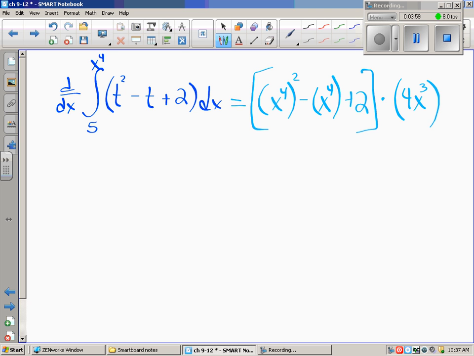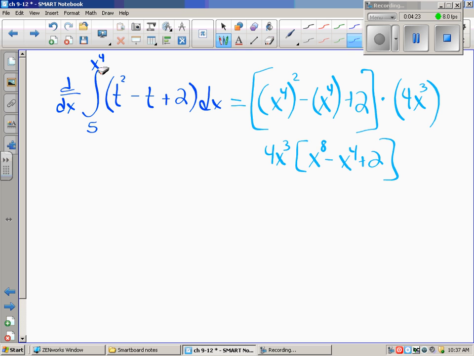And so just to simplify this a little bit better, I'd have that 4x cubed out in front. That would be x to the 8th, because you multiply the exponents, minus x to the 4th plus 2. And certainly the choices that could be presented might have 4x cubed multiplied through, but that's sufficient. Hopefully that at least gives you another little insight. Let's try one more.